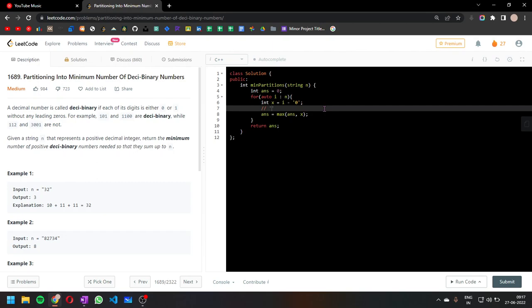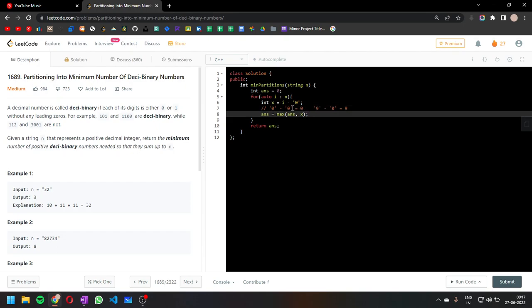If I write '0' minus '0', this will give me 0. And if I write '9' minus '0', this is going to give me 9. I'm converting these characters into numbers using their ASCII values.